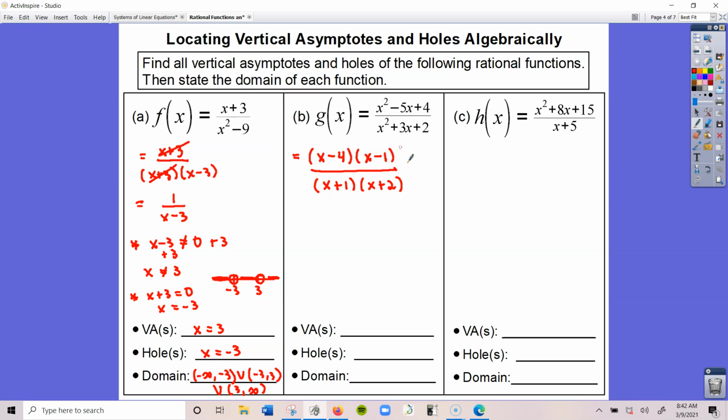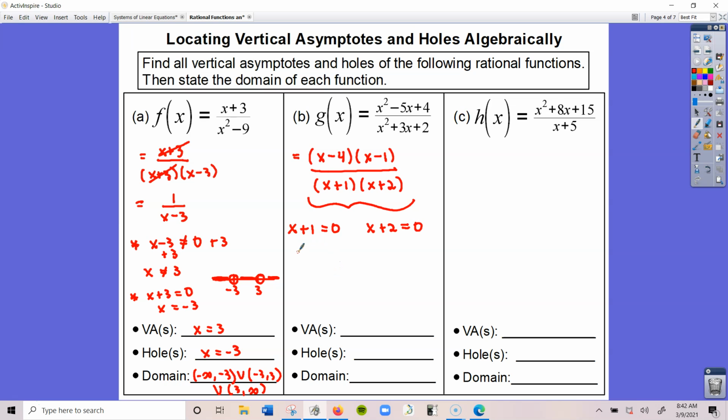In this case, nothing cancels. In order for a factor to cancel, they have to be identical. So since nothing cancels, that means that both of these factors here in the denominator would be my vertical asymptotes. So we have that x plus 1 is equal to 0 and x plus 2 is equal to 0.